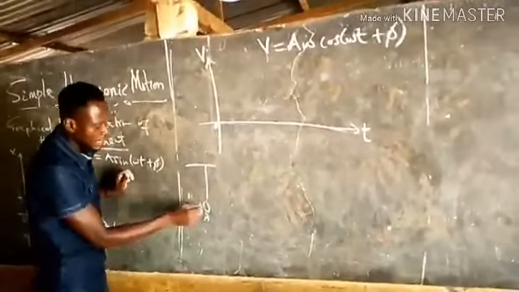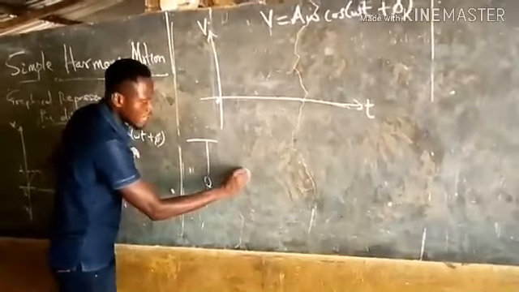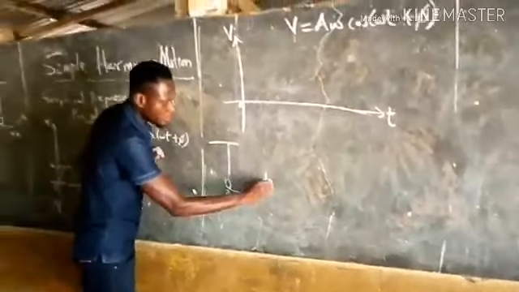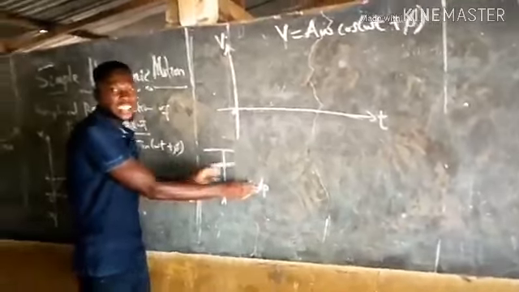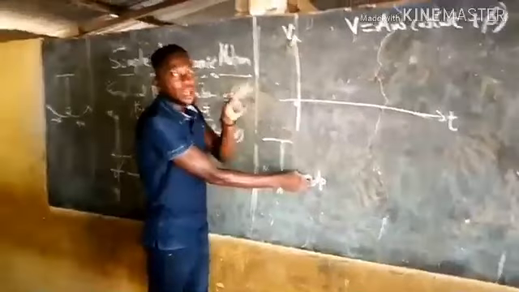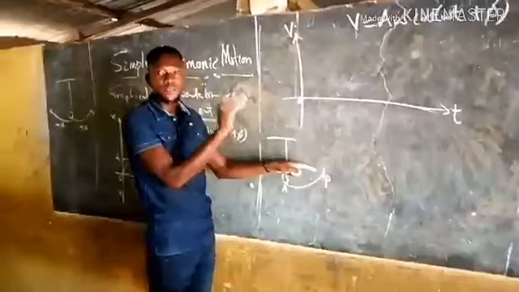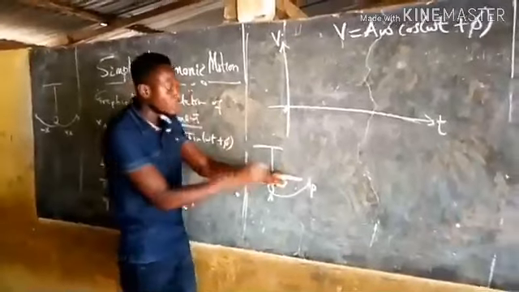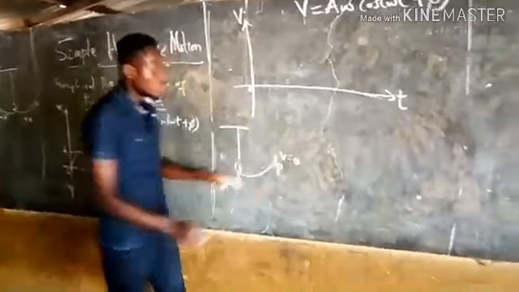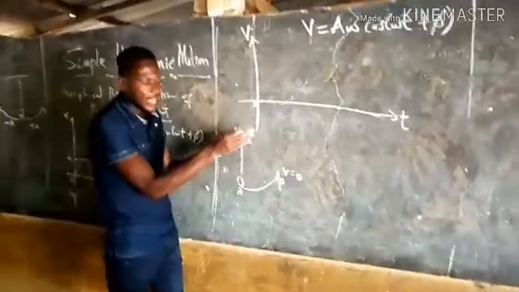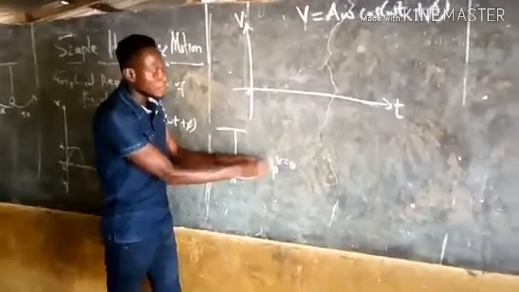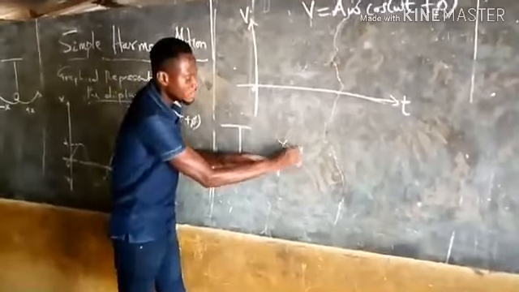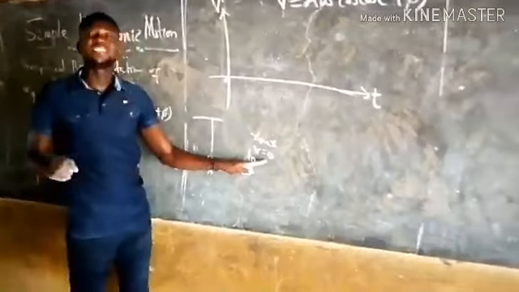When you displace the body to get to the far end, that's the extreme end point B. At this point, the body has covered maximum displacement. But what happens to the body at this point? It stops for a while momentarily, so its velocity will be 0. So at the extreme ends, the body is having maximum displacement, but velocity is 0.